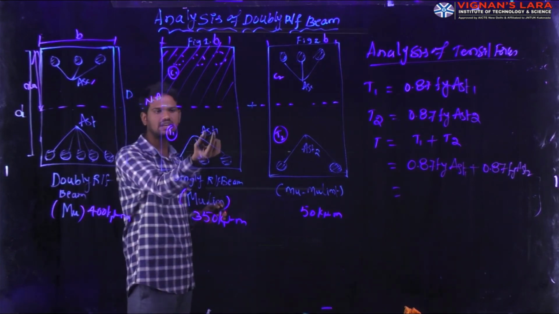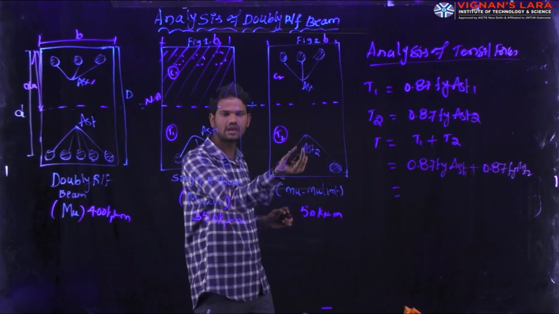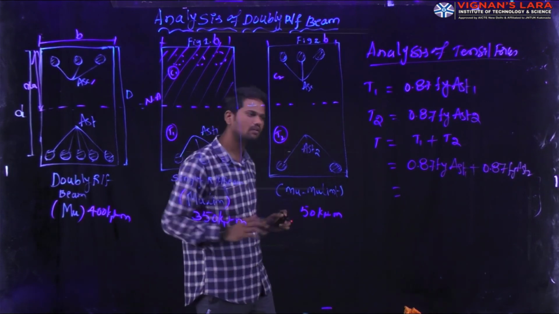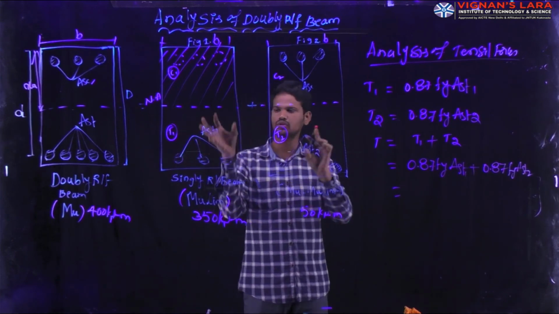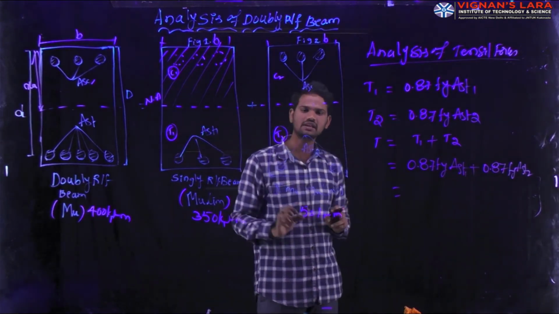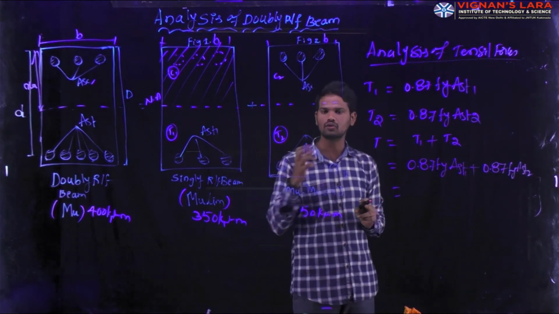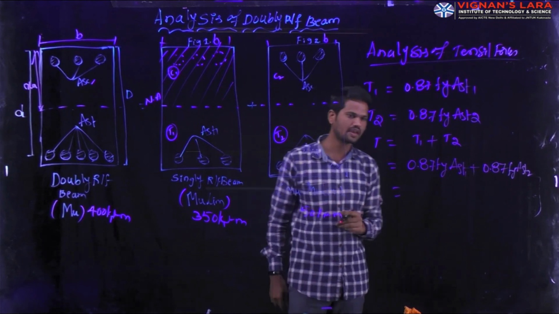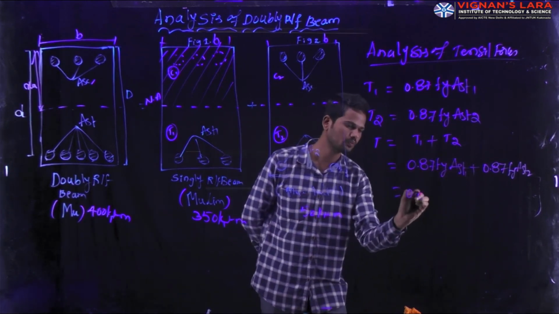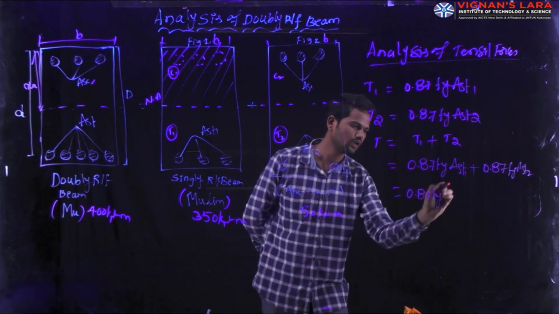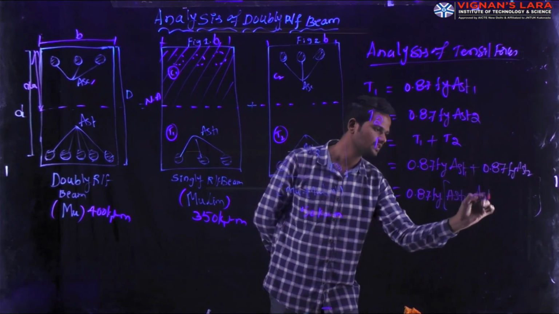That means Ast1 has some particular value and Ast2 has some particular value, but in the problem they will give the combination of both areas of steel. How to divide area of steel 1 and area of steel 2, I will explain in the previous classes. If you substitute these parameters, taking 0.87 Fy common, I get Ast1 plus Ast2.